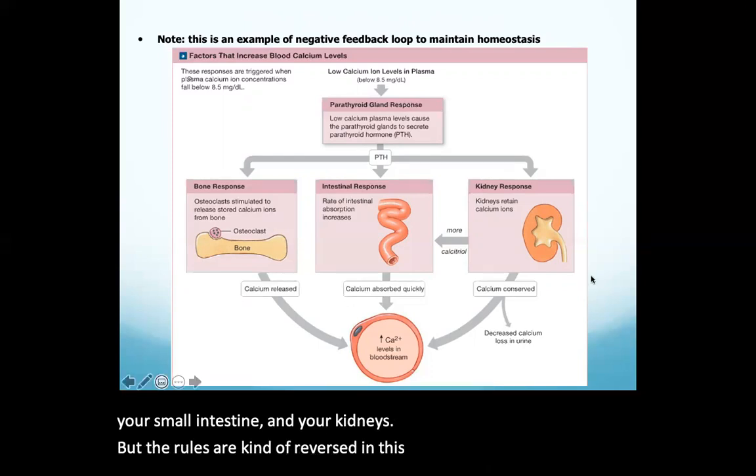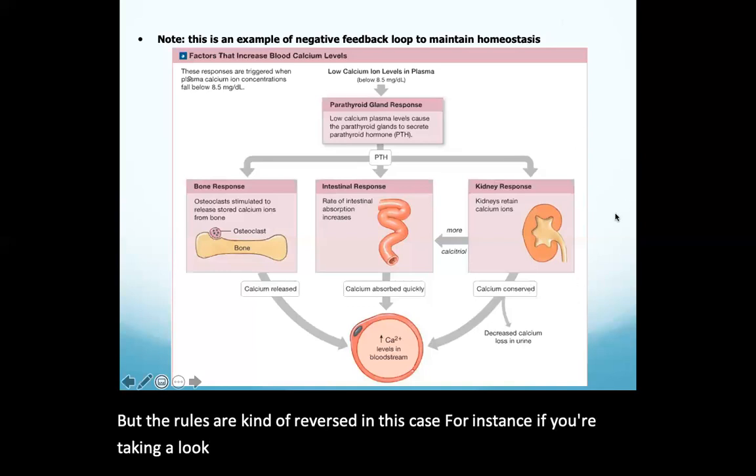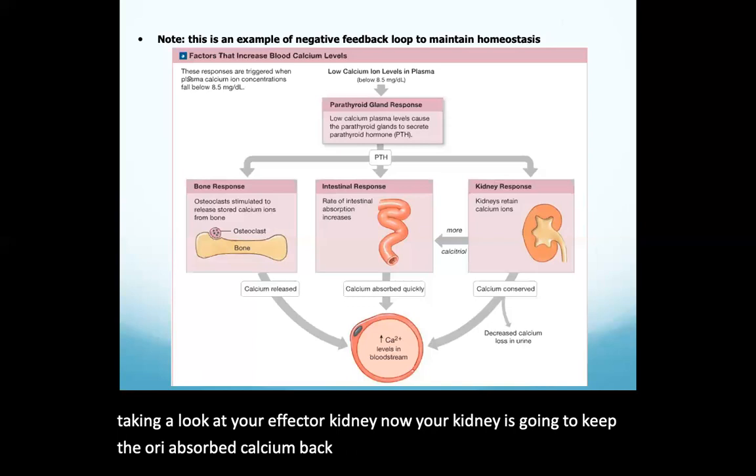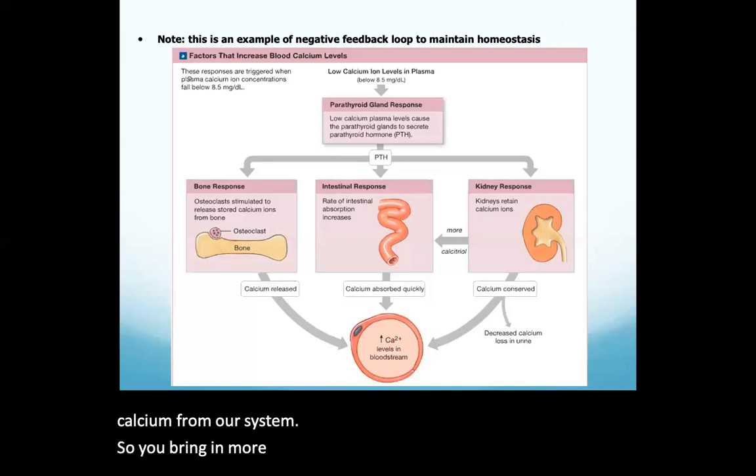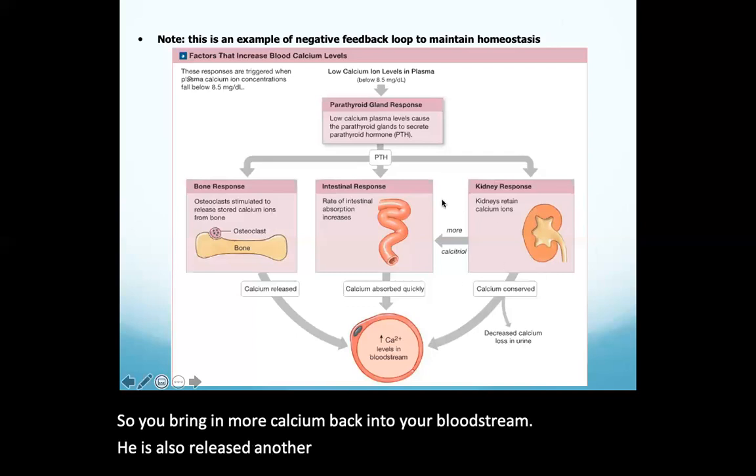For instance, if you're looking at your effector kidney, now your kidney is going to keep or reabsorb the calcium back into the system and limit the excretion of calcium from our system. So you bring more calcium back into your bloodstream. Kidneys also release another hormone called calcitriol.